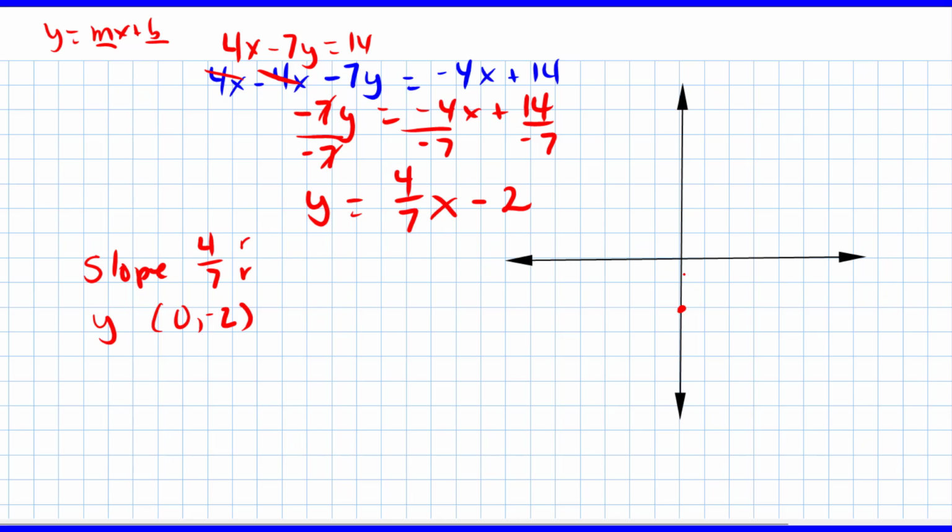There's no negative there, so up 1, 2, 3, 4. 1, 2, 3, 4, 5, 6, 7. Oh, almost ran out of space there. And then I'm going to get my line. It's going to go right through there, slightly off over there on the top right. But we got a line of a graph that represents y = 4/7 x - 2.